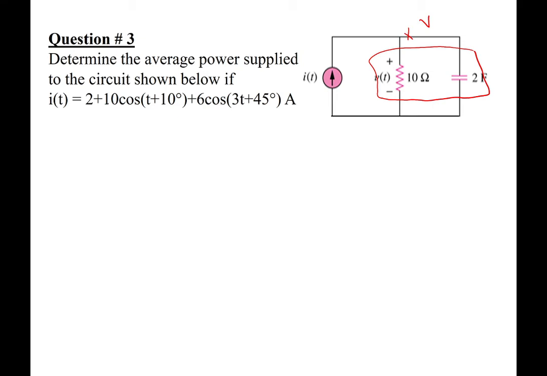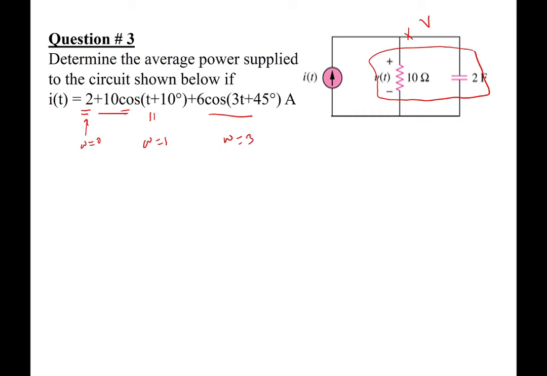We should not forget that over here we have 3 different components. So we have a DC component in which the frequency or omega will be 0. We have another component in which omega will be 1, which is the fundamental, and then we have another component in which omega will be equal to 3, which is the third harmonic.